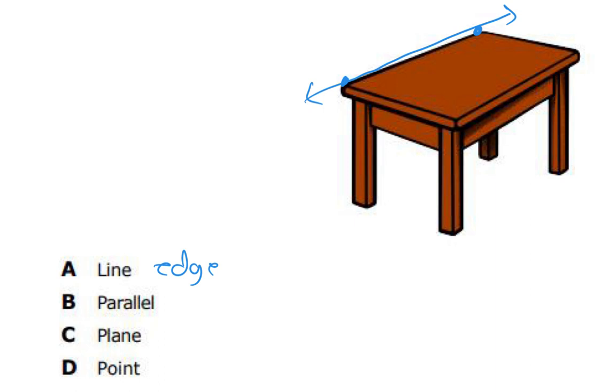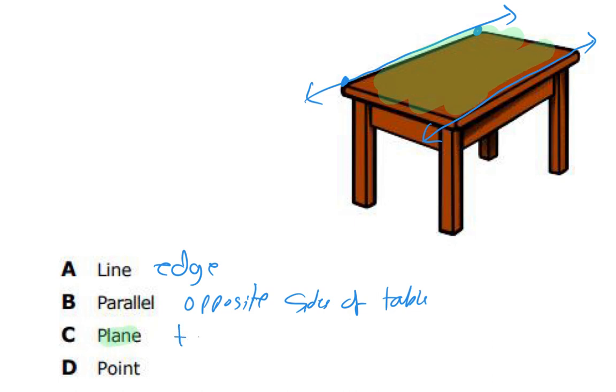Parallel would be like opposite sides of the table, right? Okay, a plane on this one would be like this top, right? That would be like a plane, and then we would call that like the tabletop, right? And then the actual point would be like a corner, right? We could say that would be like a corner.